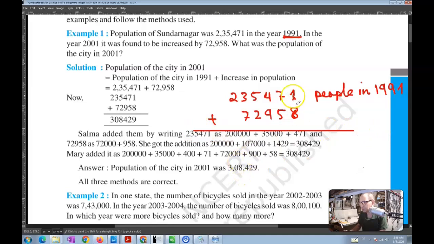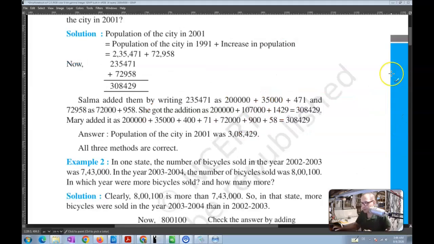If I do this calculation, I'll have 8 plus 1 is equal to 9, 12, we carry over 1, that's a 14, carry over 1, that's an 8, that's a 10, carry over 1, and that's a 3. So by the year 2001 the population was 308,429 people, which is the amount over here.